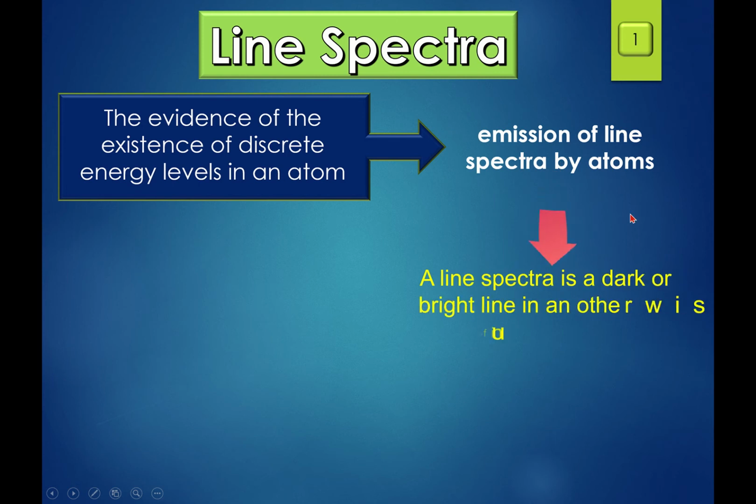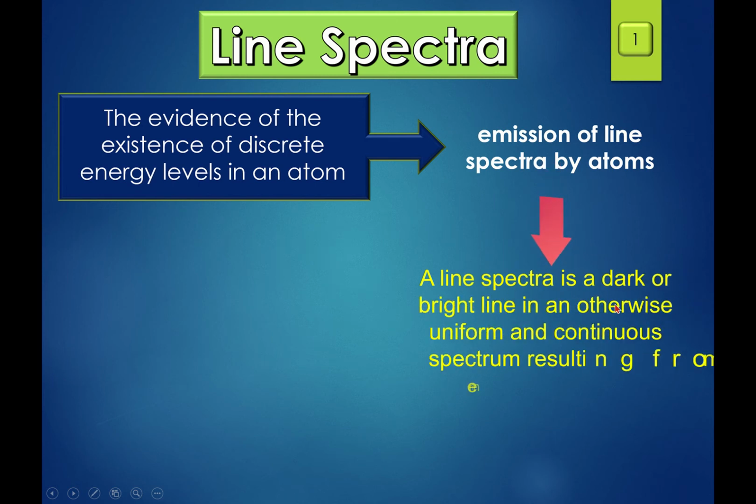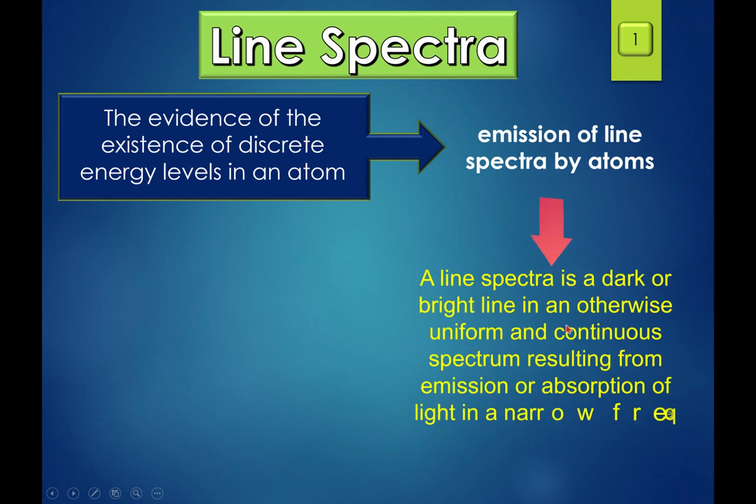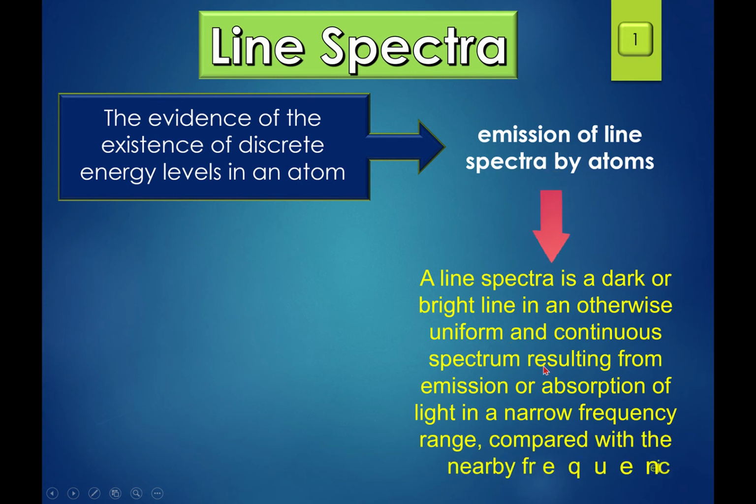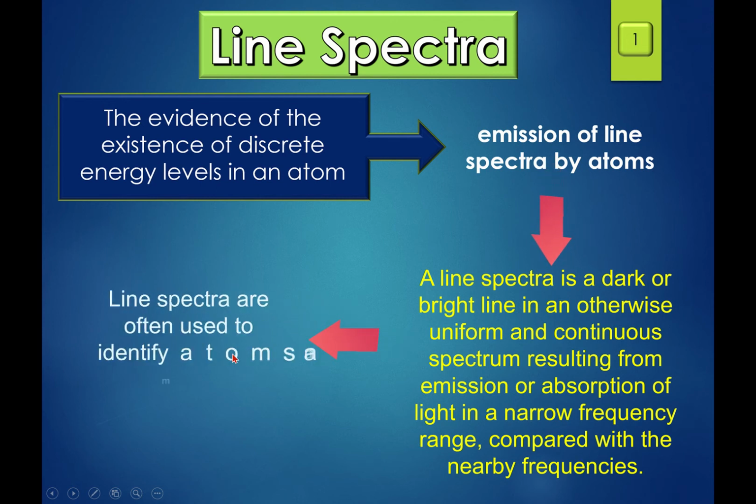What is a line spectra? A line spectra is a dark or bright line in an otherwise uniform and continuous spectrum resulting from emission or absorption of light in a narrow frequency range compared with the nearby frequencies. One of the uses of line spectra is to identify atoms and molecules.